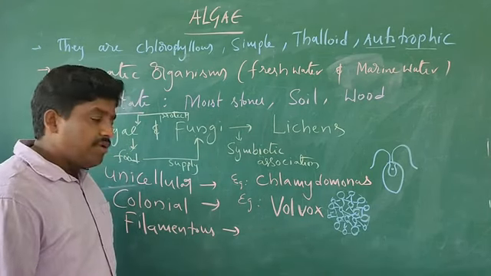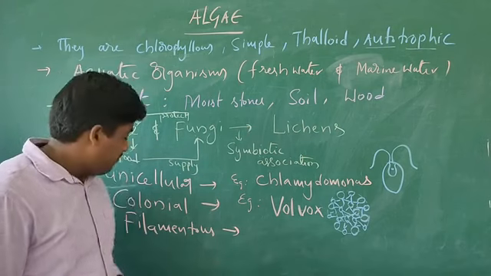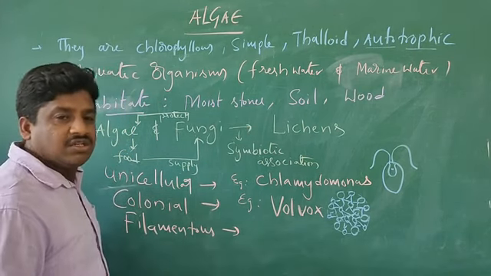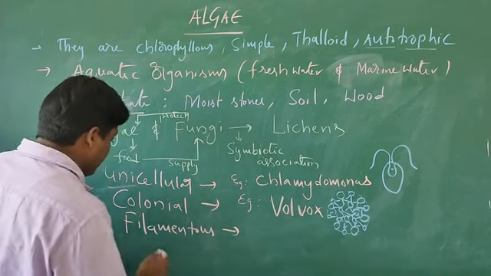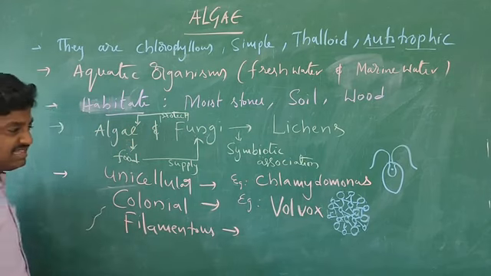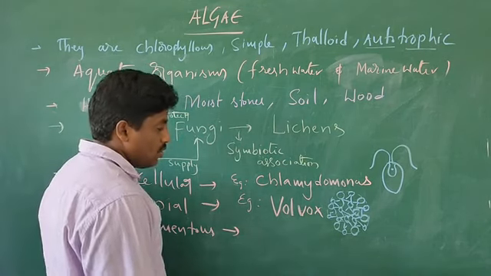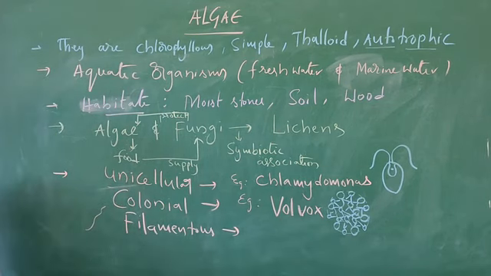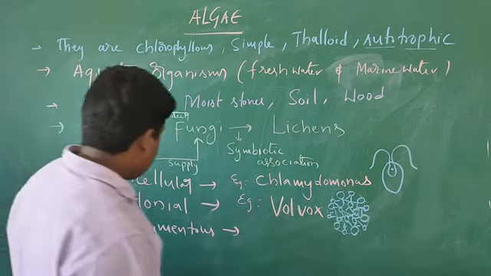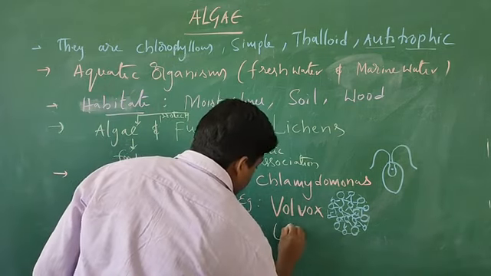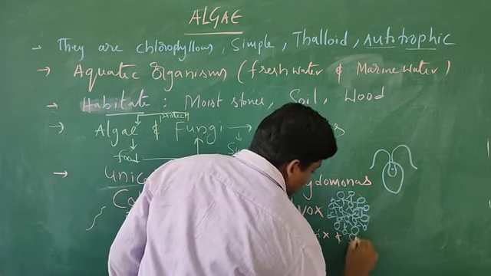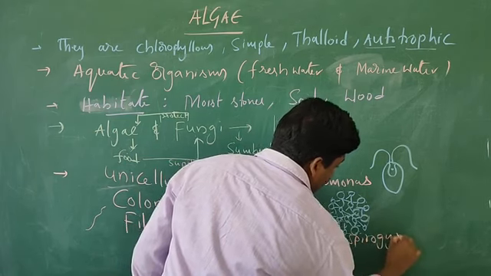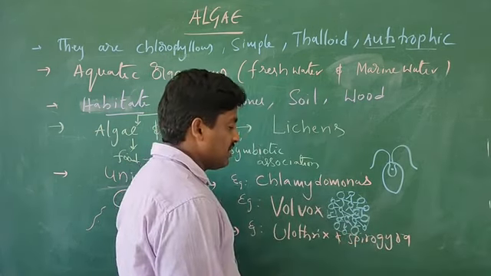Filamentous means it is like a tube, a filament. Filament means it is thread-like. Such examples are Ulothrix, and one more example, Spirogyra. You can see the spiral wire is present here.